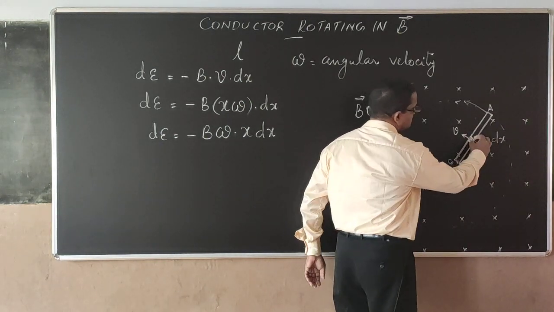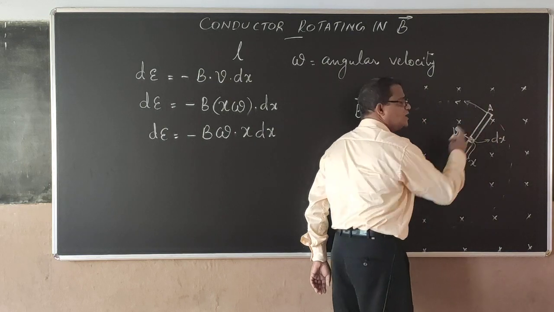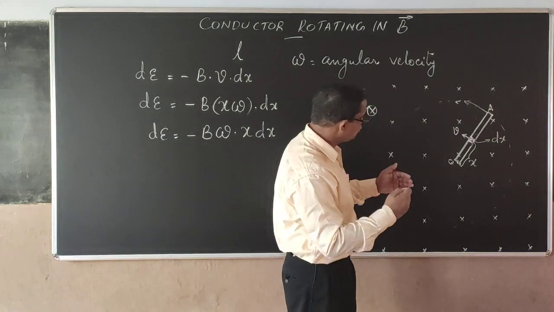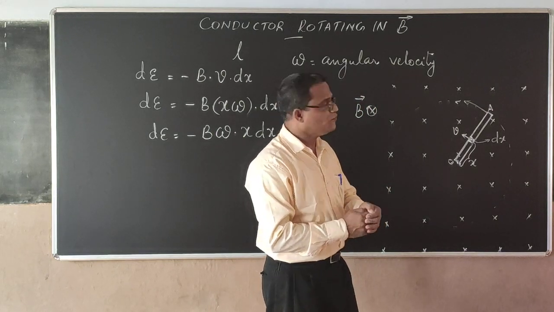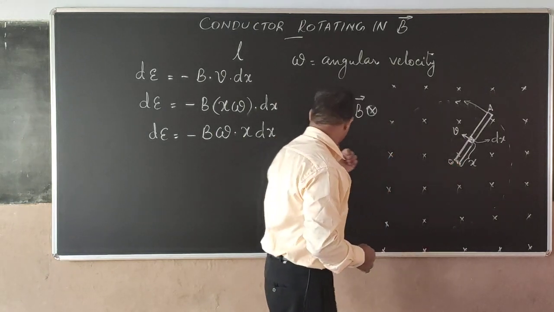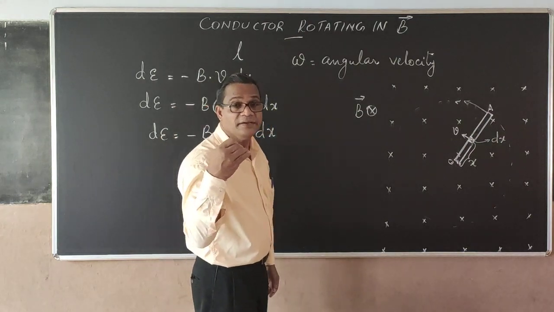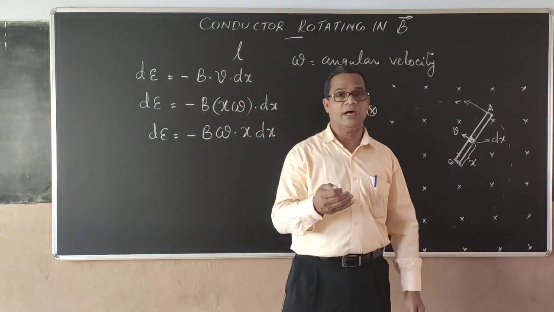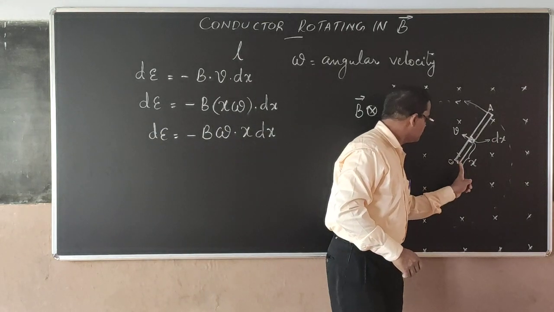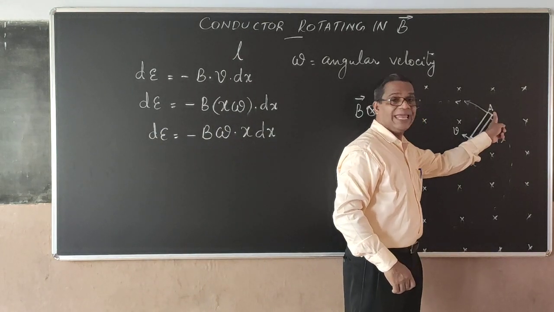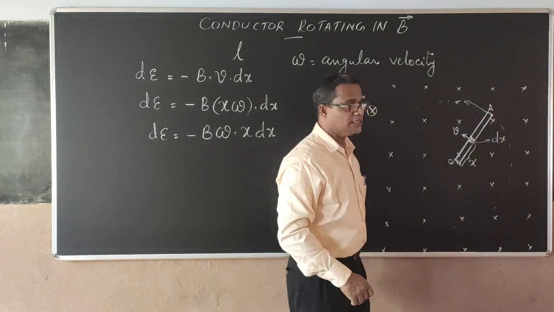Now I can consider these dx's throughout, find the EMF in each dx and add them to get the total. For finding that, you take this equation and integrate it. Here x is the variable, and x varies from 0 to L, where L is the length of the conductor.